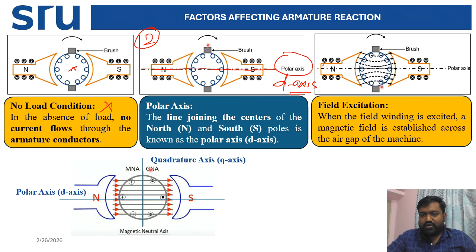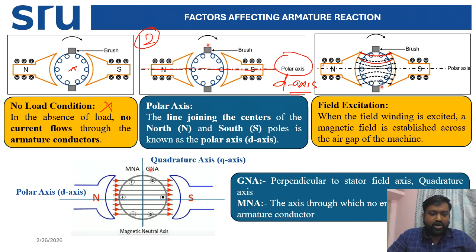If the north and south poles are excited, magnetic lines will come from the north pole to the south pole. That we also know. Then you have to understand a few terms. Already we know about the polar axis, which is the D axis, or direct axis.